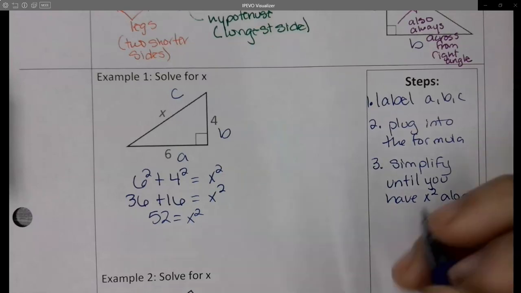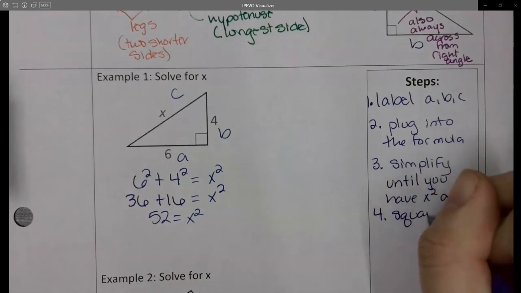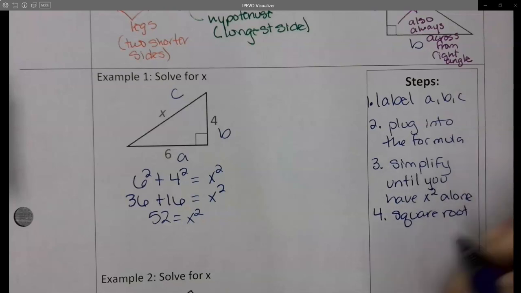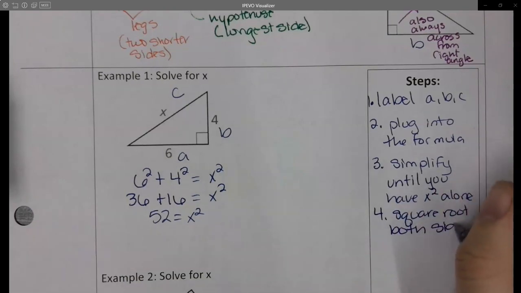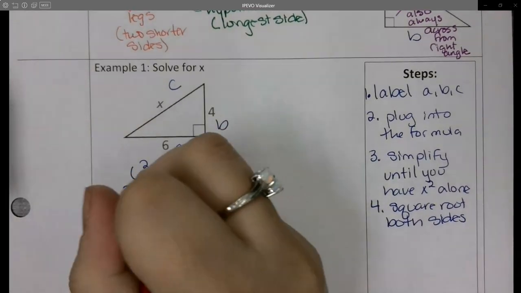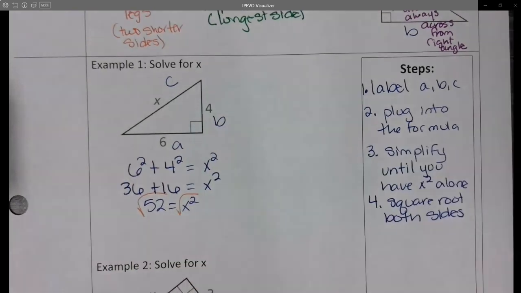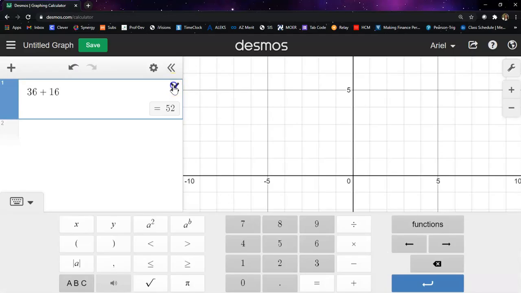Then once I do, I want to square root both sides. If I am on Desmos, I can type the letters S, Q, R, and then if I hit T, it's going to turn into a square root symbol.